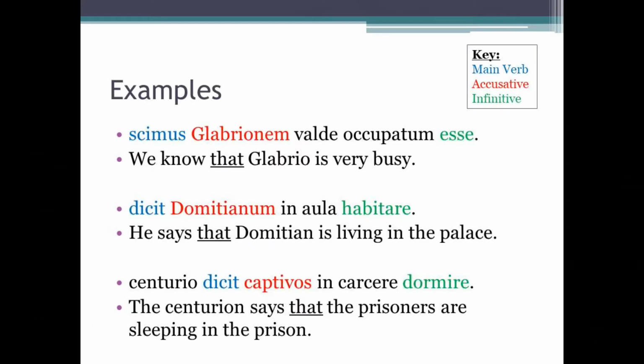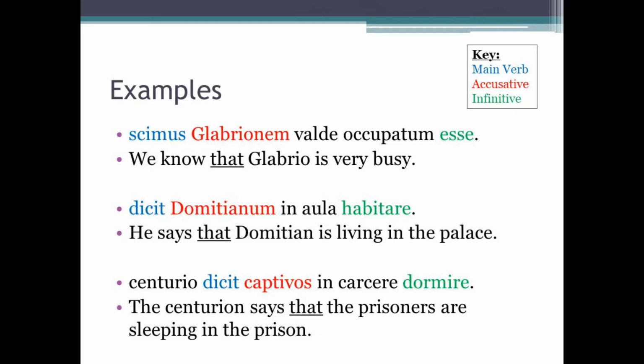So now that you're familiar with how they work, let's have a look at a few examples of indirect statements. Scimus Glabrionem valde occupatum esse. We know that Glabrio is very busy.